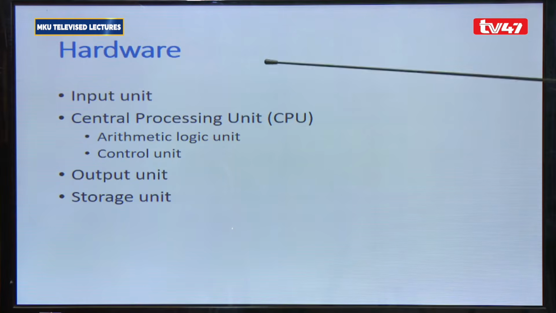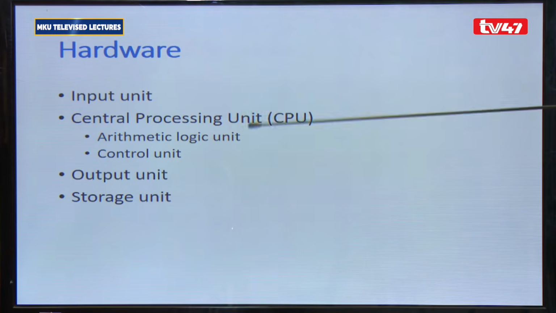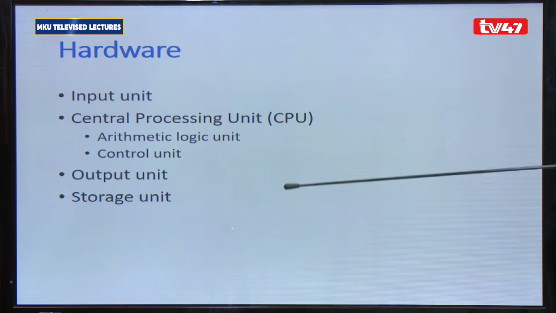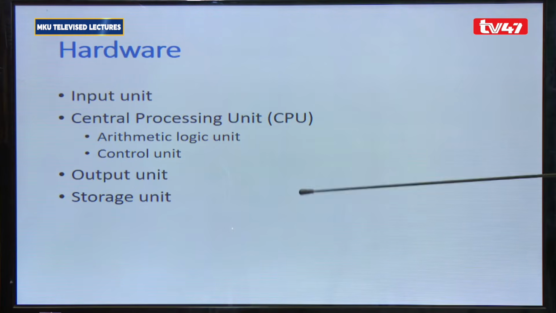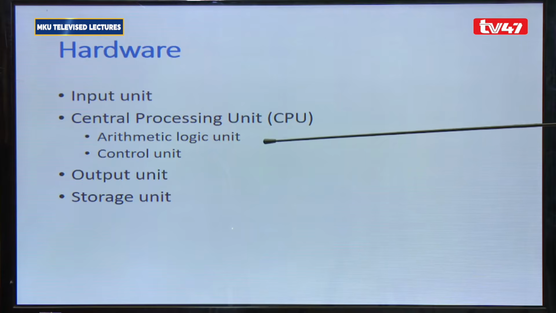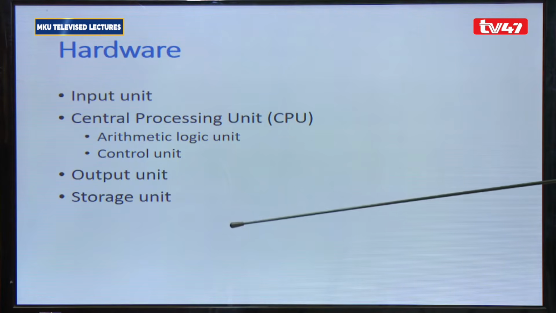Based on hardware, we usually have these particular units: the input unit, like the keyboard, the mouse, the scanners, and so on. We also have the central processing unit, which comprises the arithmetic logic unit and the control unit.